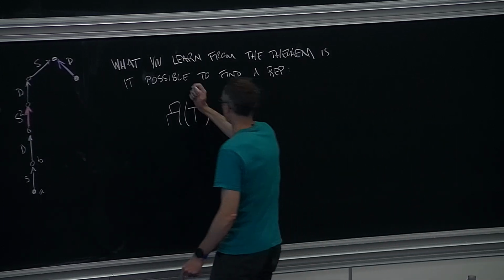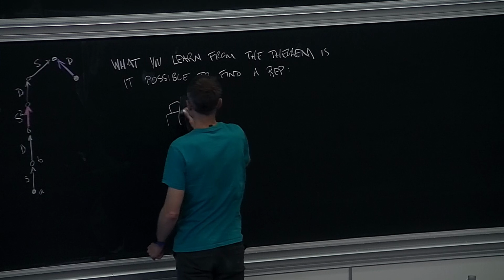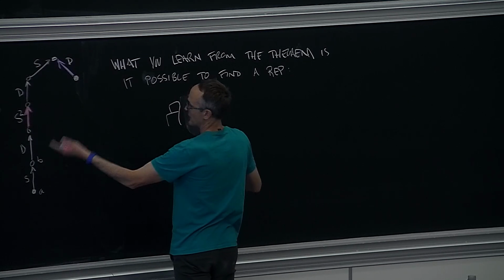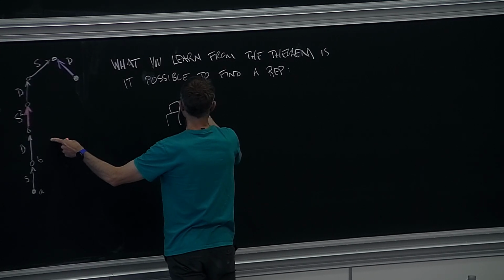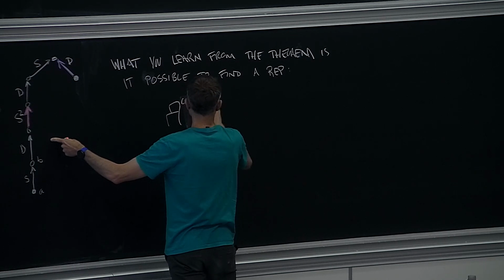I'm going to give this a particular name. Once you've found the curve, you can go back and write out the type D structure that corresponds to that curve.